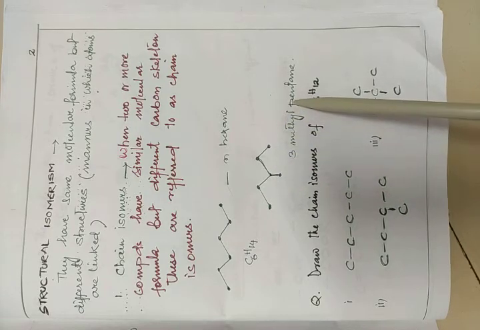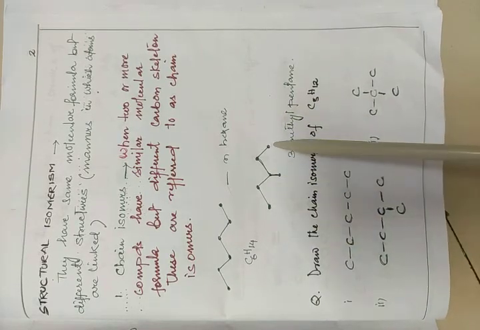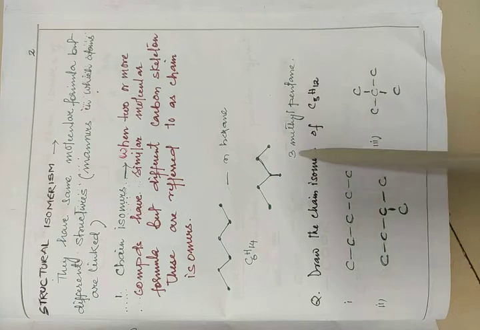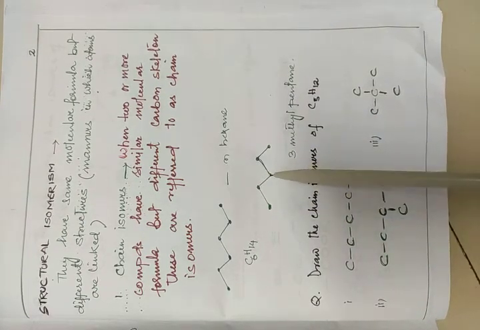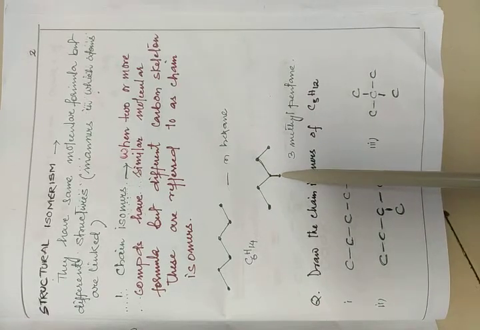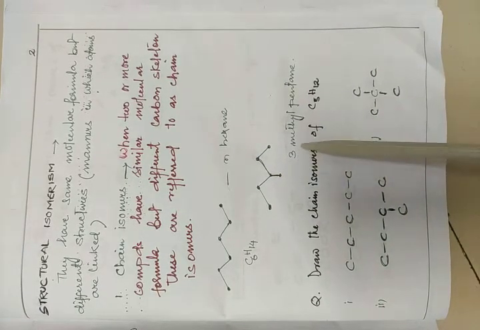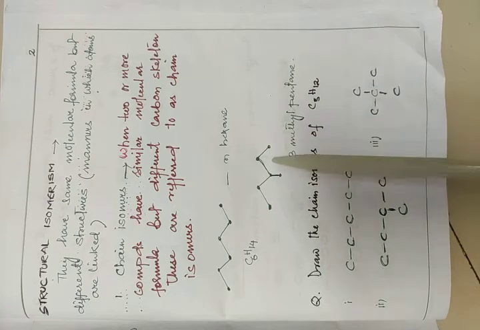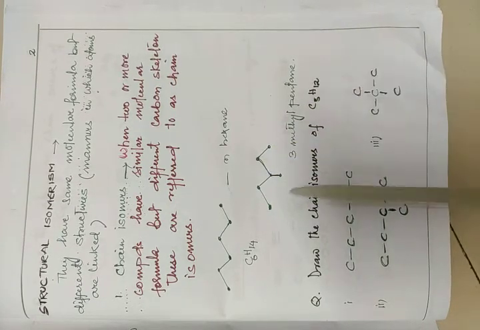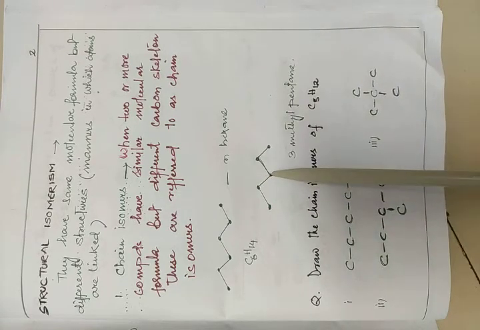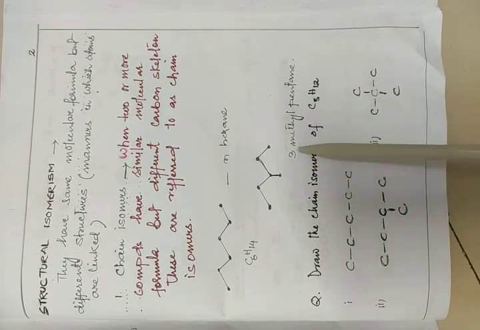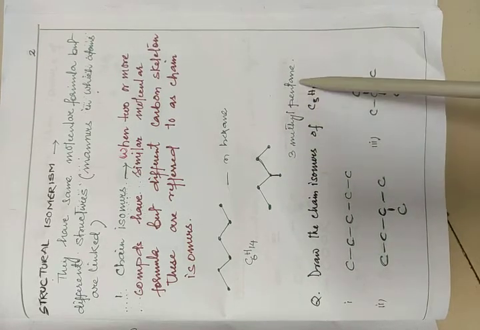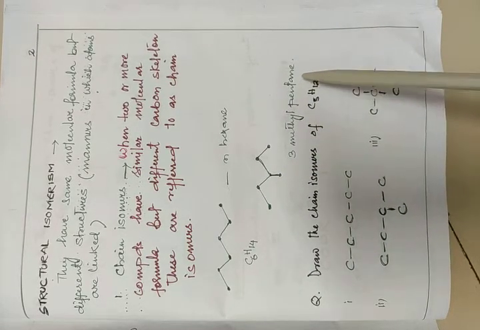The name is different, the chemical formula is the same, the structure is different. Numbering 1 2 3, at position 3 there is one CH3, and then 4 5, so pentane. In position 3 CH3 is there, so we give the name 3-methyl pentane. So this is a chain isomer.